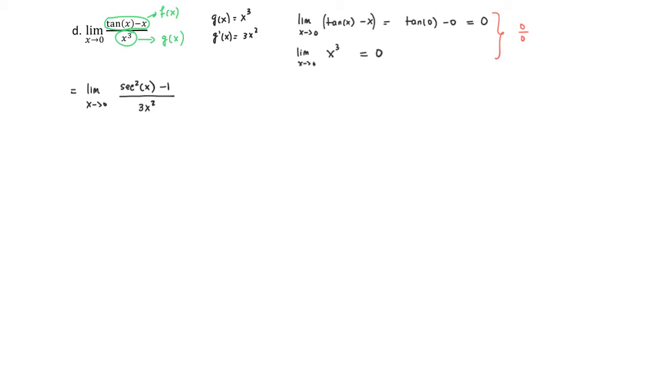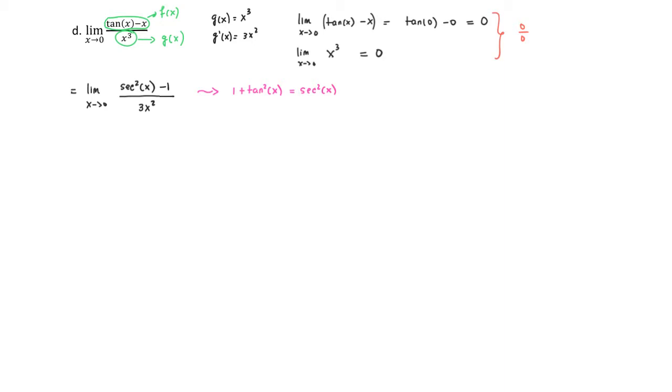Now, something that I want us to notice here is that in the numerator, I can use an identity. If you remember, and I'm putting this as a side note over here, we know that 1 plus tangent squared x is equal to secant squared x.